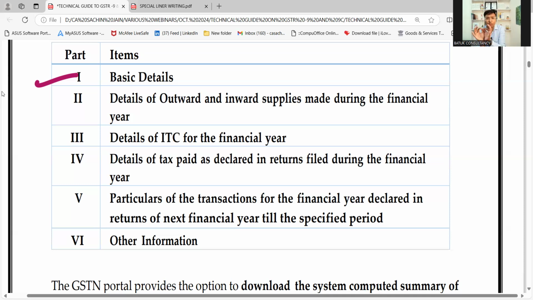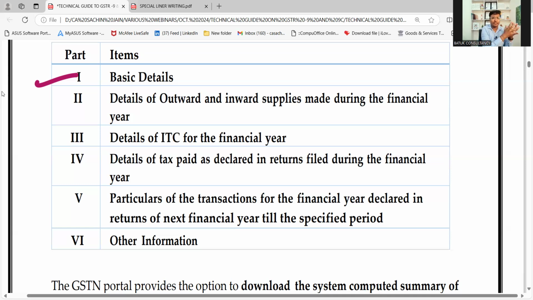Now, one common question is that, sir, while filing the GSTR 9 return, we need to reconcile the figures with the GSTR 3B return, GSTR 1 return or our books of accounts. So conclusively, I can say that your GSTR 9 should be matched with your GSTR 1, GSTR 3B and books. This is the ideal situation.